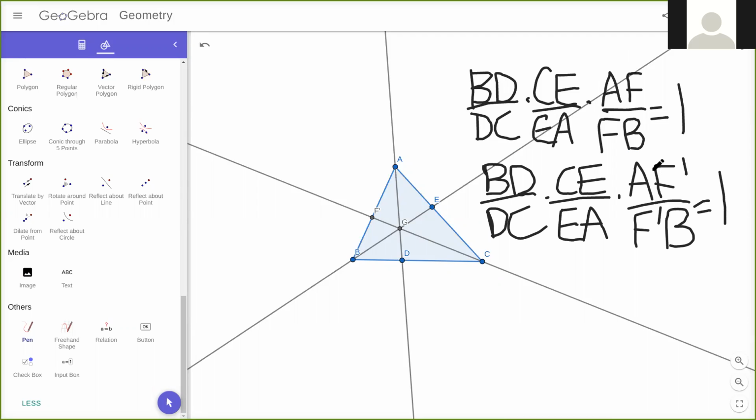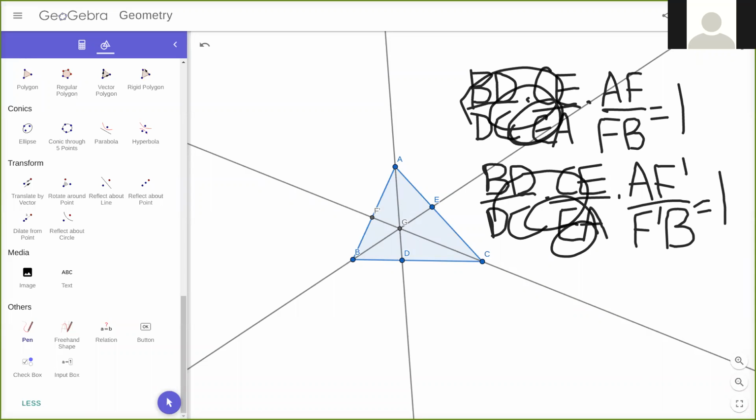So it turns out the F and F prime satisfy really similar equations. So if we called this a blob, then we get that AF over FB times this blob is equal to 1, and AF prime over F prime B times the same blob is equal to 1.